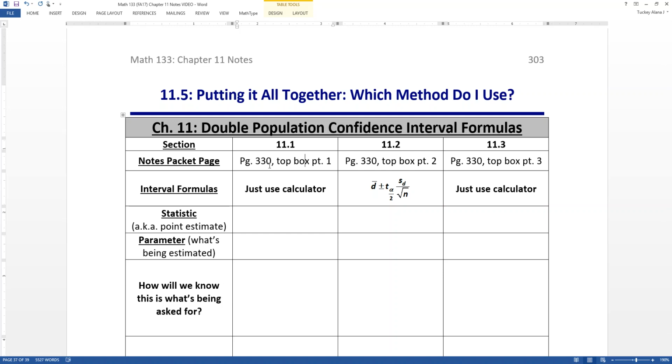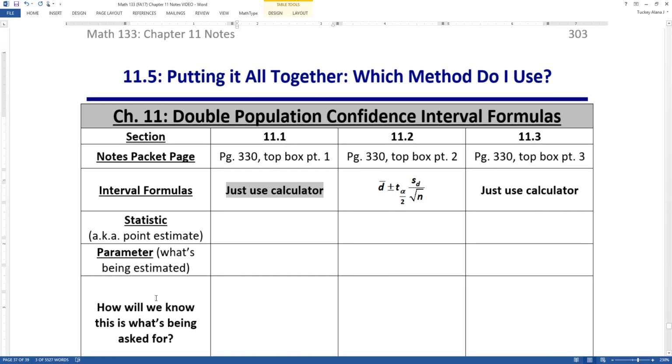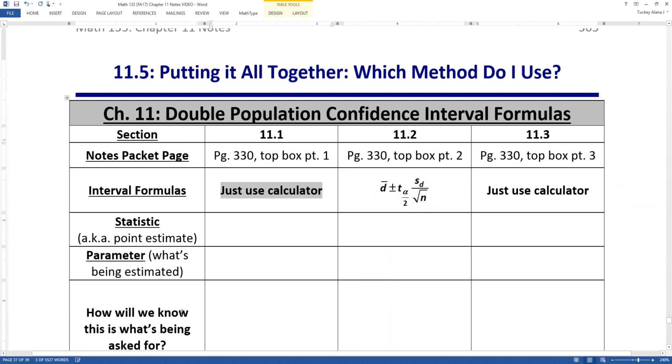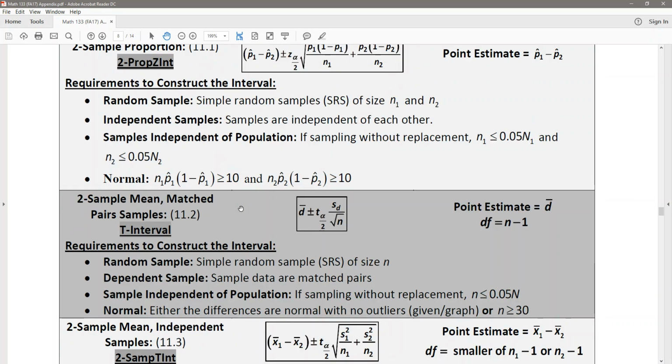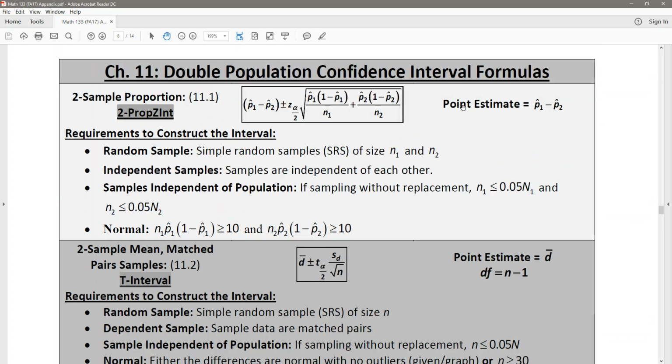Now, the formulas for 11.1 and 11.3 in particular are just horrendous. They're absolutely terrible. So let me go back and show you those real quick. 11.1 in particular is awful because it has this huge square root with all these p hats floating around. So remember, for that section we just use the calculator to find this interval.